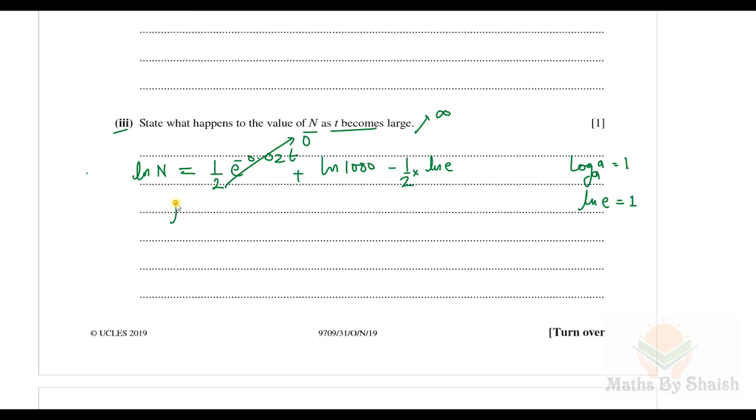So we write it again: ln n is equal to, this is a multiplication so it goes in the power, e raised to the power 1 by 2, and there is a subtraction, so it would be ln of 1000 over e raised to the power 1 by 2. Now we can take n is equal to 1000 over root e. This is the value of n when t becomes large.